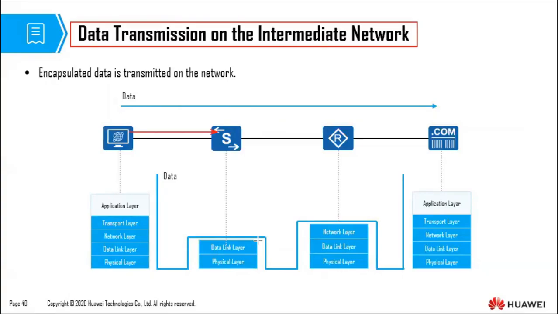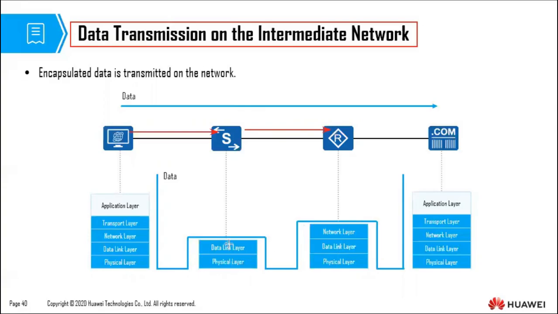Is that clear? Then the switch is going to send it to the router. The router, on the other hand, forwards using IP address. So it's going to open up that particular packet up to the network layer so that it can see the destination IP address.